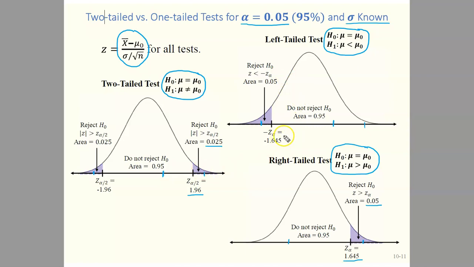And for a left-tail test, our critical value is negative 1.645, and that's because we want the area in this left tail to be 0.05 as opposed to 0.025 for a two-tailed test. So take note how our critical values change. And also keep in mind that the z alpha over 2 and z alpha value will change for different significance levels, of course, and you can calculate them using the NORM.INV function in Excel.